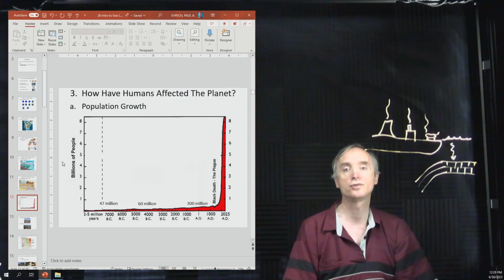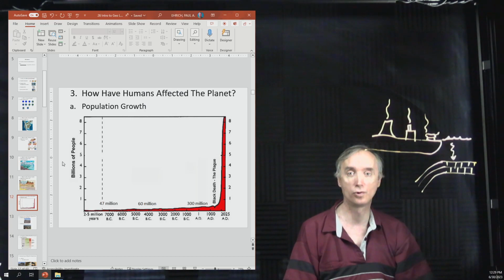All right, now we want to talk about how humans have affected the planet. The most important one, in my opinion, is population growth. Humans use resources, so the more humans there are, the more resources they're going to use. Also, humans pollute, so the more humans there are, the more pollution there's going to be.